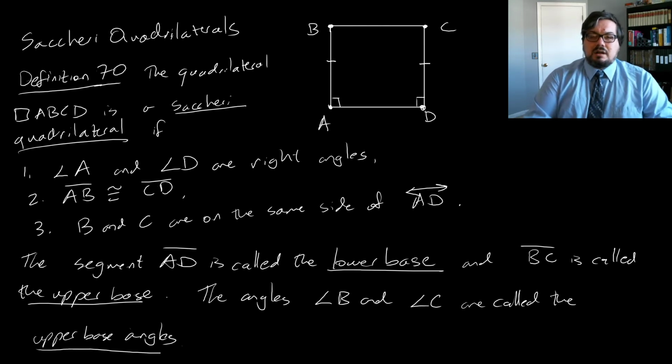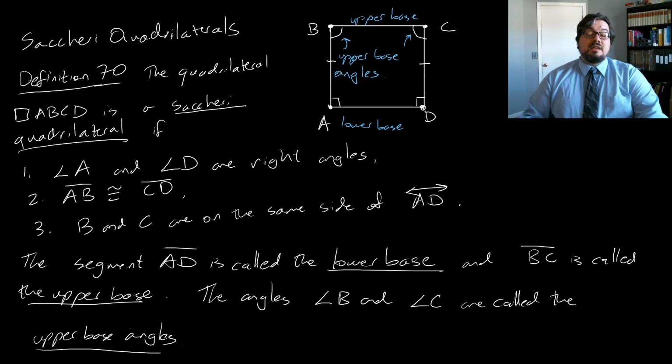So here's our Saccheri quadrilateral. We can label it. We've got our lower base, our upper base, and our upper base angles. And what Saccheri was trying to prove is that if you make a construction like this, then the upper base angles have to be right angles.